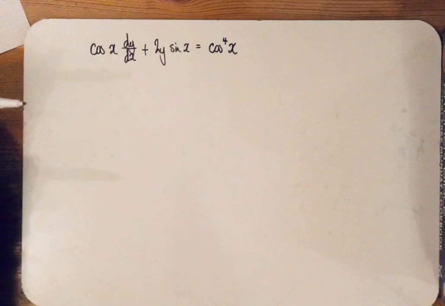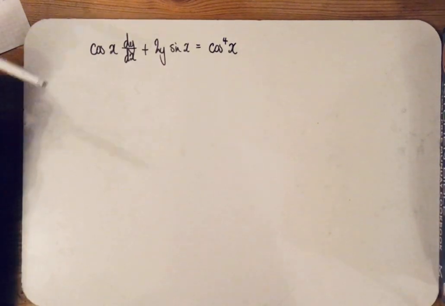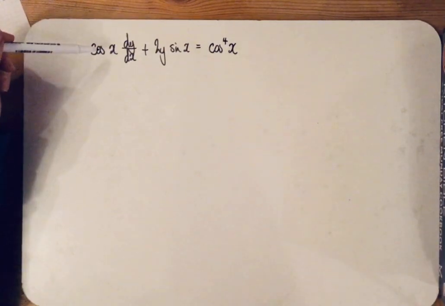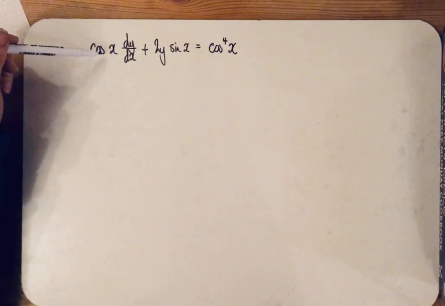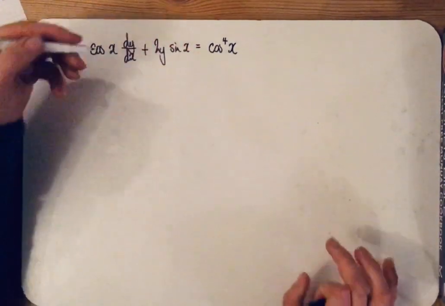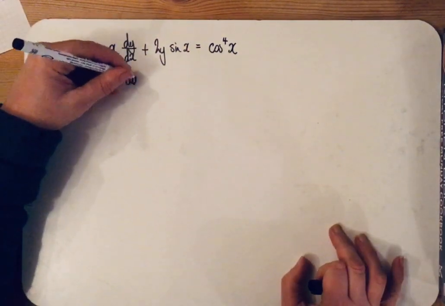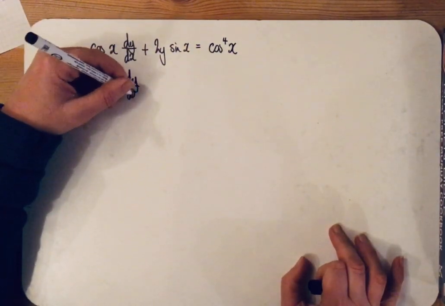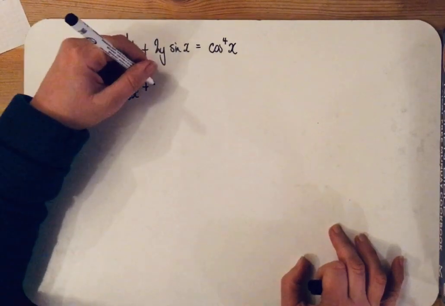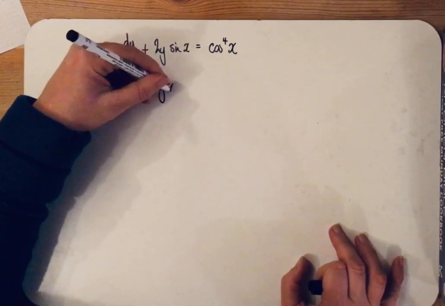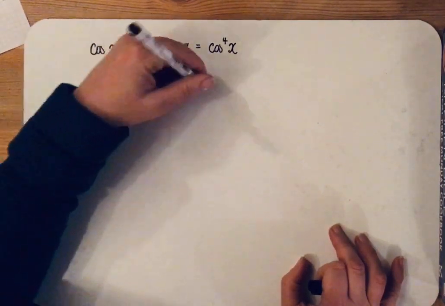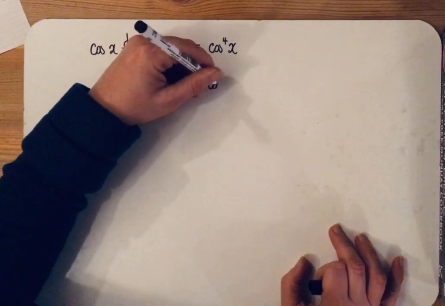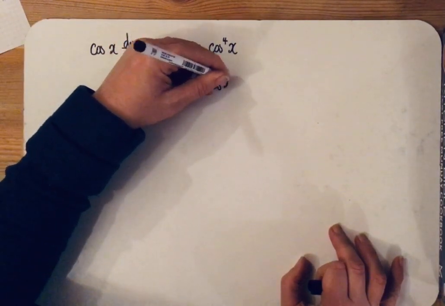Right, this isn't in the right form because I need it as dy/dx plus py equals q. And so I need to divide through by cos x first. So do make sure you're in the right form before you start. And so sin x over cos x is tan x. And the right-hand side becomes cos cubed x.